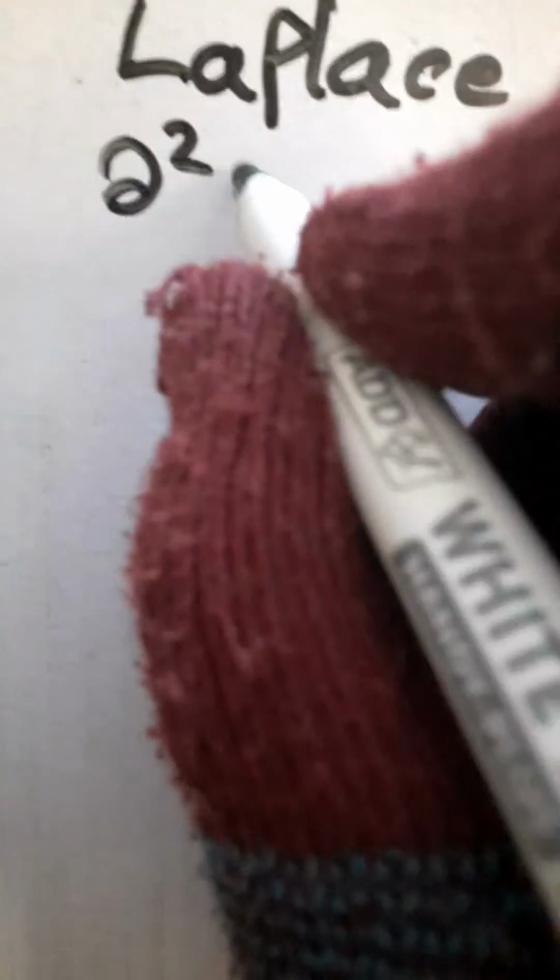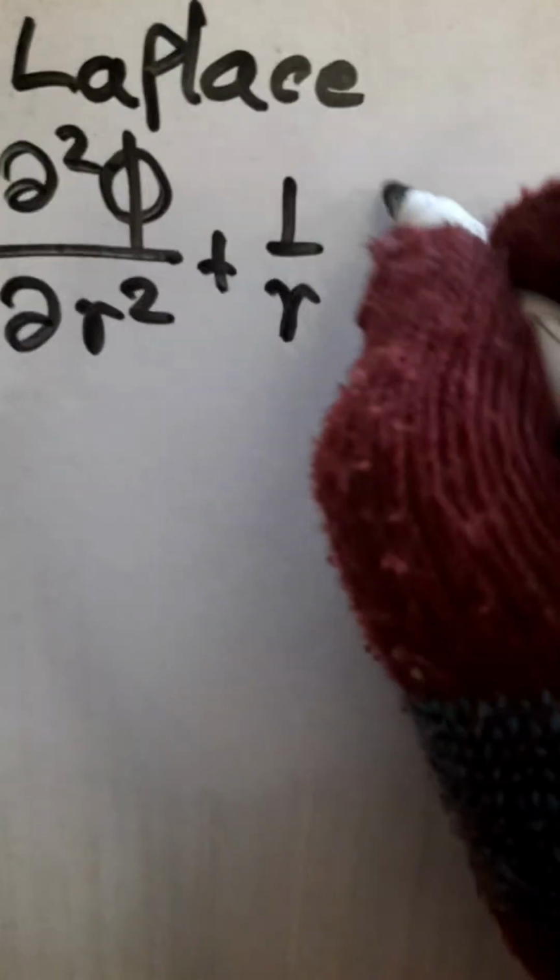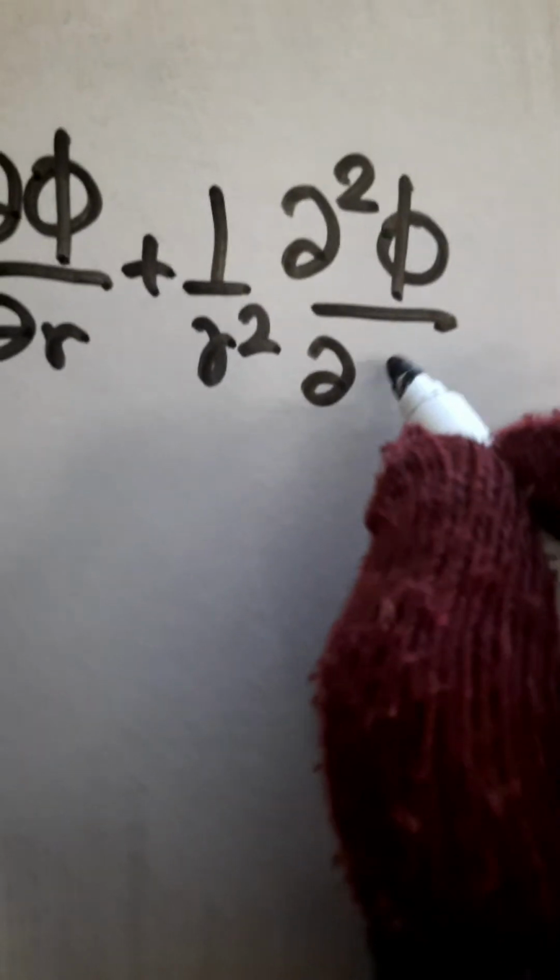First thing is we have to find the Laplace form. So there is a Laplace equation. The Cartesian form is different; I will tell you that later. But now I'll tell the Laplace equation for polar form. In polar form, you do d squared phi by del r squared plus 1 by r del phi by del r plus 1 by r squared del squared phi by del theta squared, equal to 0.